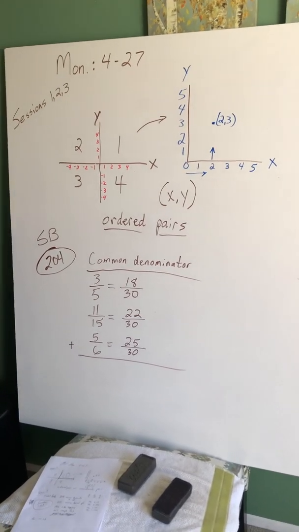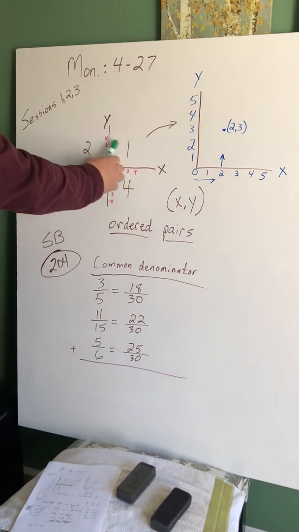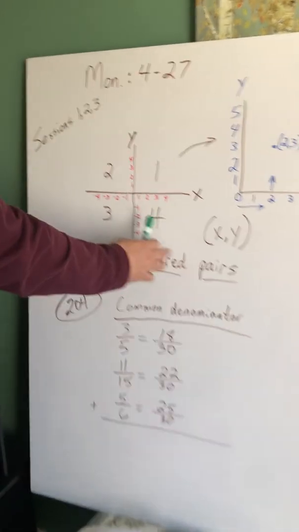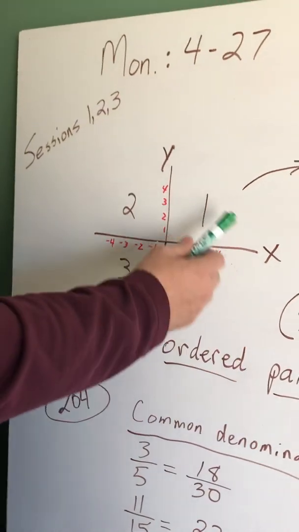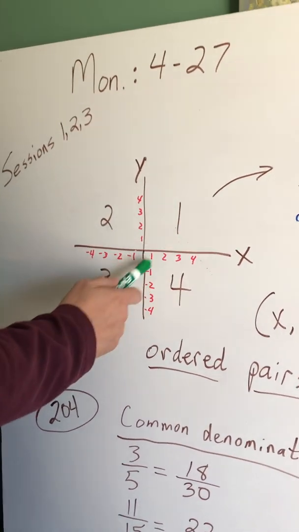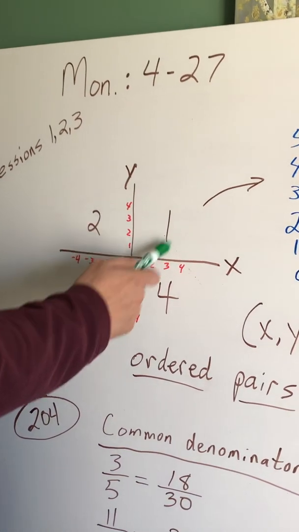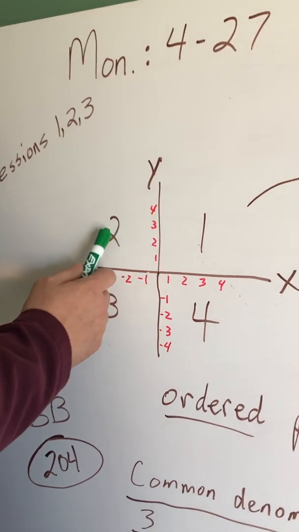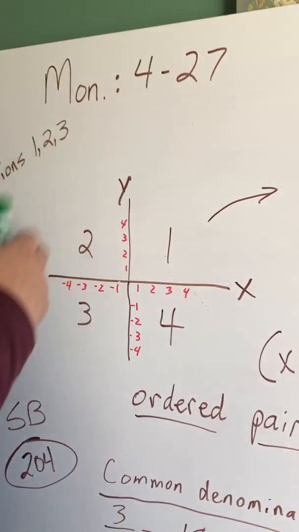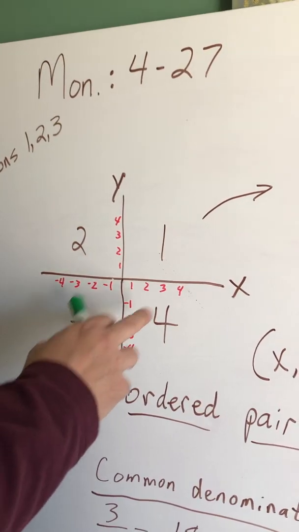So I just wanted to show you, if we look at all 4 quadrants of ordered pairs, you will see it starts with the positive, that's quadrant 1, then we go 2, 3, 4, so it's counterclockwise, okay?